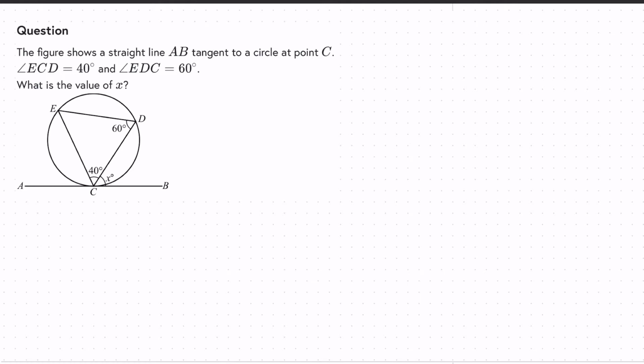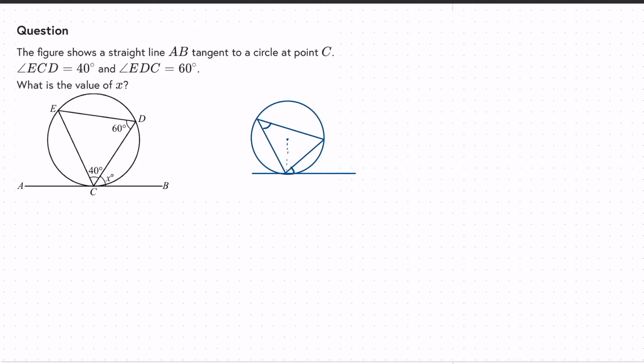Now before we get started, the alternate segment theory is the theory that when I've got a circle and I've got a couple of chords here, making a triangle, and then I have from the center a tangent that goes through that point there, then this angle here, where the end of the chord meets the tangent, is equal to this angle here.